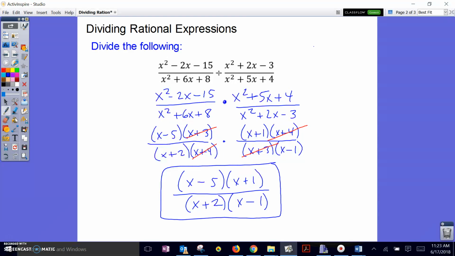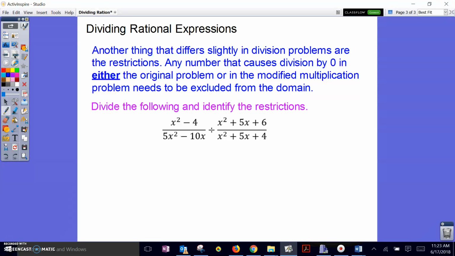All right, one more example of division, and we'll talk a little bit about restrictions here. Another thing that's a little different with division and restrictions is we need any number that causes division by 0, either in the original problem or in the modified multiplication problem, needs to be excluded from the domain.